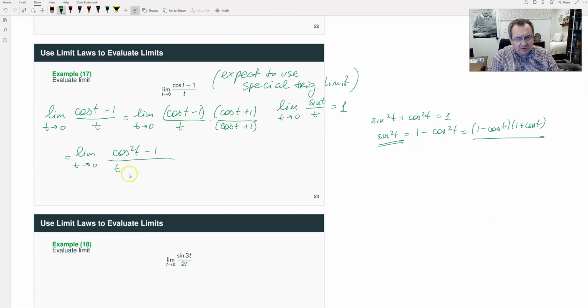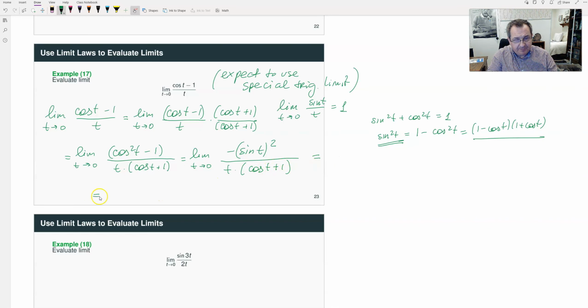And in the denominator, we'll have t multiplied by cosine t plus 1. Okay, very good. The numerator simplifies to, okay, so 1 minus cosine squared t is sine squared t, but cosine squared t minus 1 is negative sine t everything squared. And the denominator is t multiplied by cosine t plus 1.